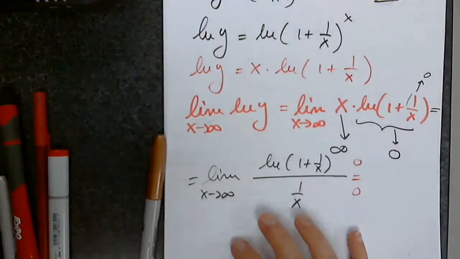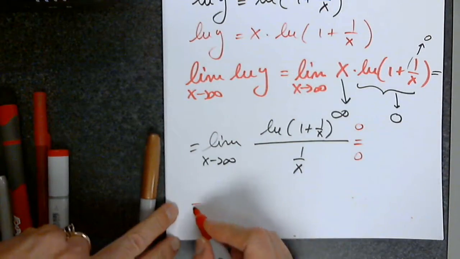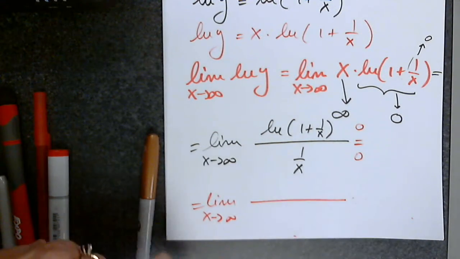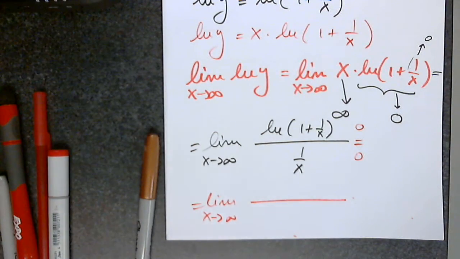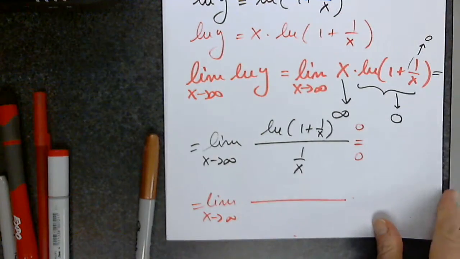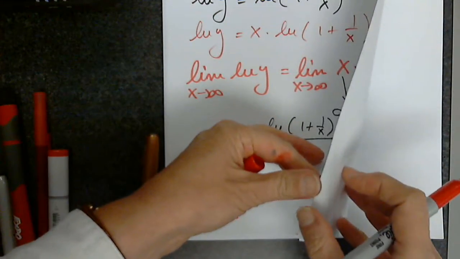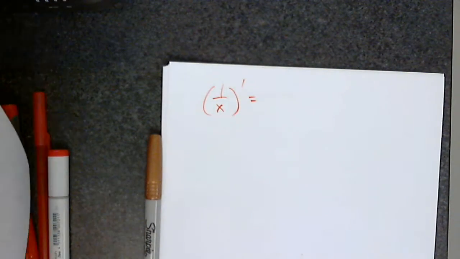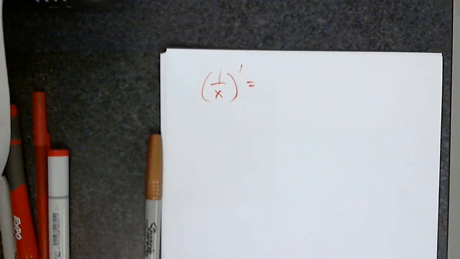So I will differentiate the top. It's 0 over 0. So can anyone give us the numerator prime? We also discussed, allow me to refresh your memory, the derivative of 1 over x, and I said this is so useful to remember, if possible.